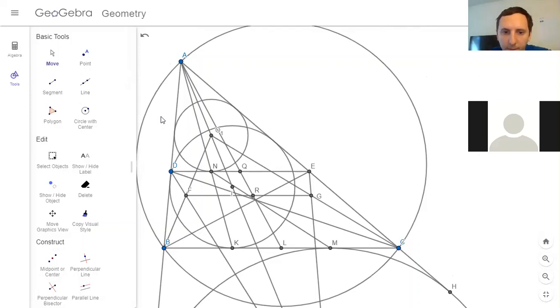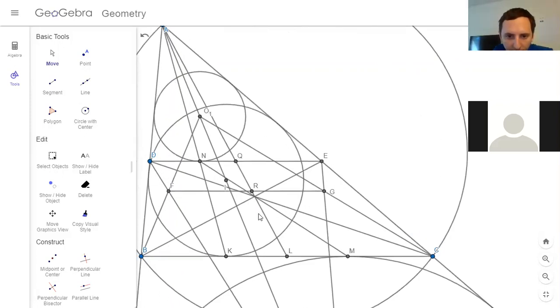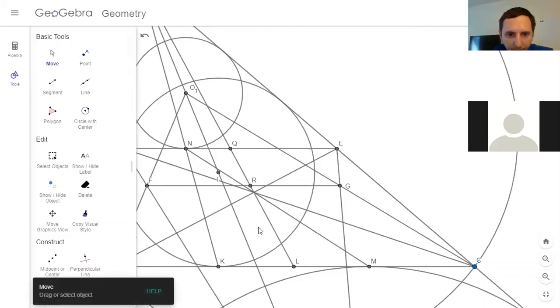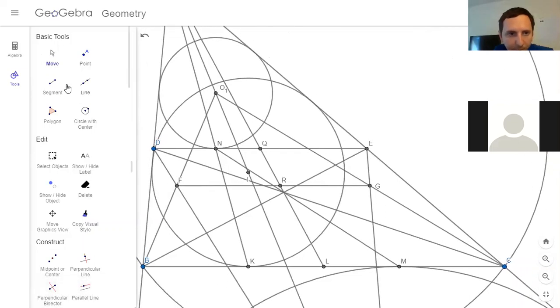Maybe we could use the gliding principle somehow. If I label this point right here, DES and BSC are similar, and M and N correspond to each other.